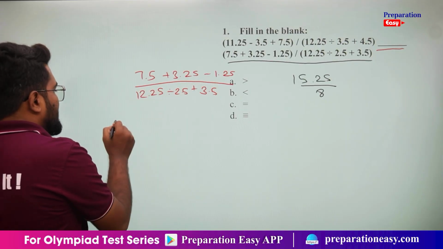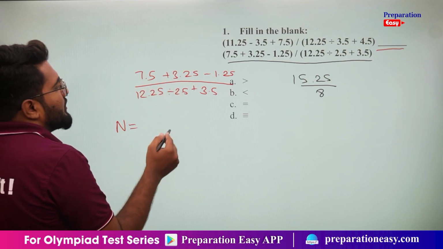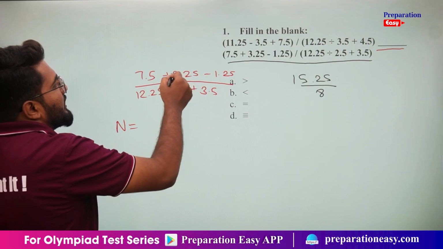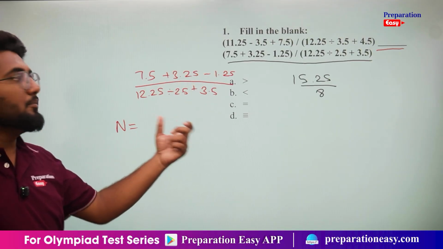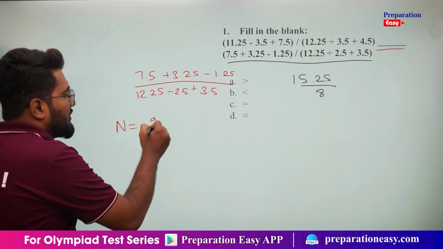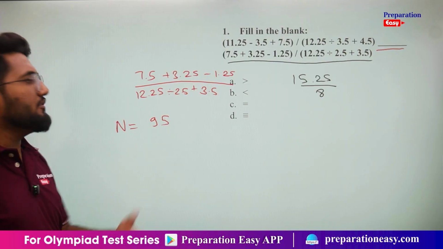First I will go for the numerator. 3.25 minus 1.25 becomes 2, and 7.5 plus 2 becomes 9.5.